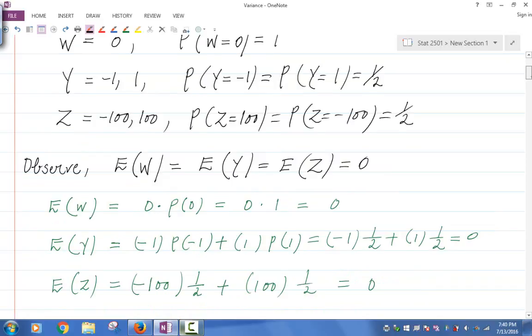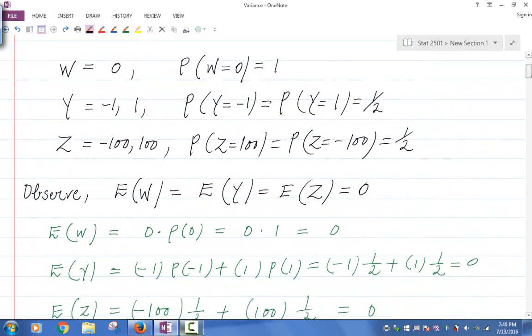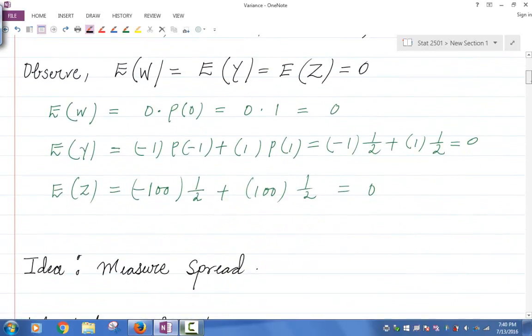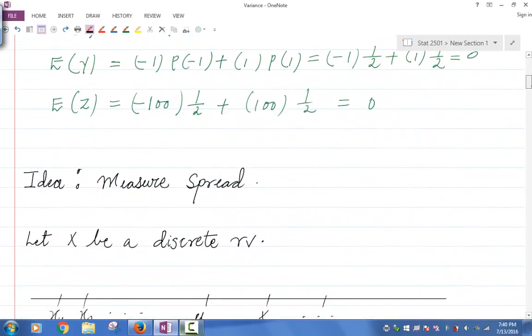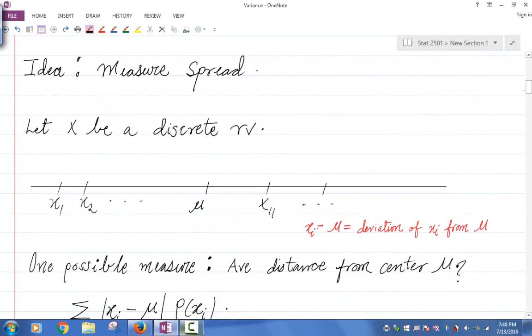So that motivates that maybe we need to measure the spread. And so how are we going to measure the spread of the values of a variable? So let X be a discrete random variable, and let x1, x2, up to xn be the values of X.